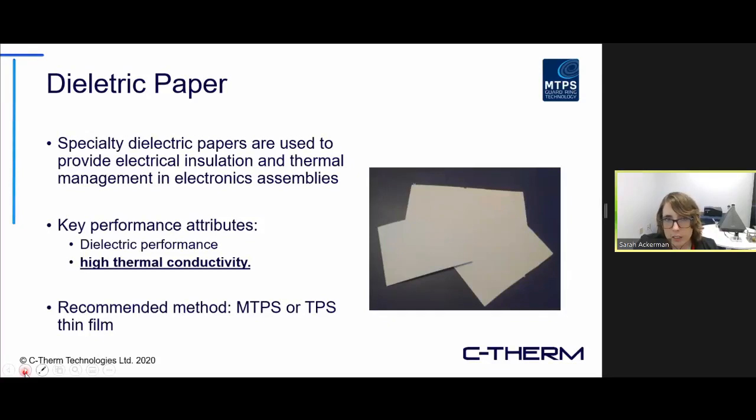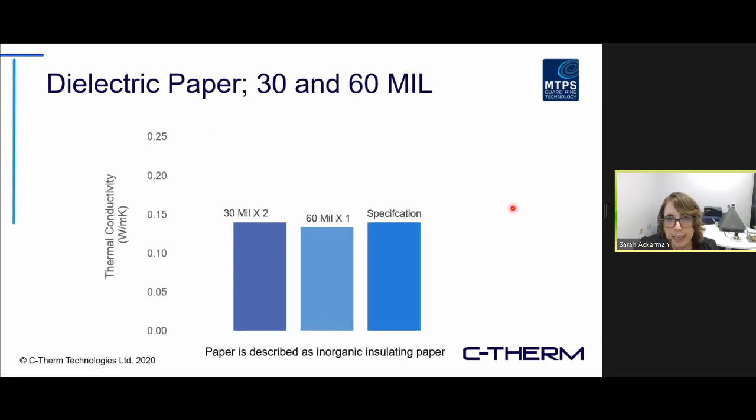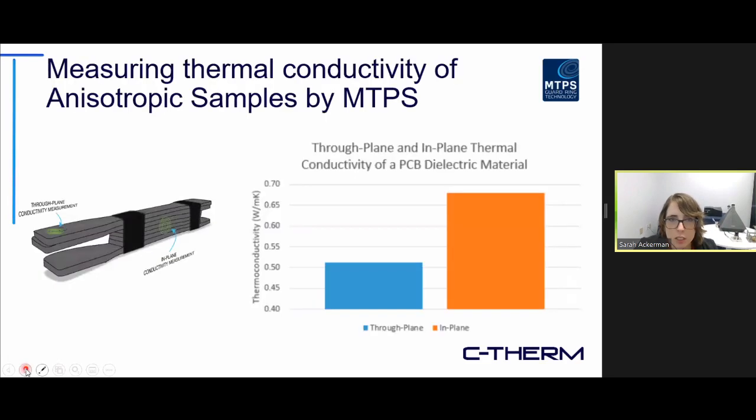The next highlight I'll look at is dielectric papers. These are materials that are often used to provide electrical insulation and also thermal management as a secondary performance attribute in electronics assemblies. This is some application data that can be used to verify performance of maybe a new lot or a new batch relative to a specification.